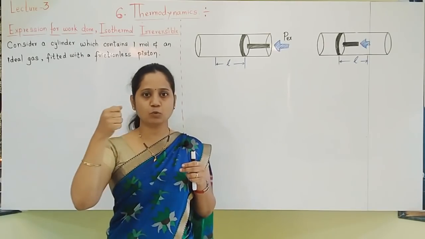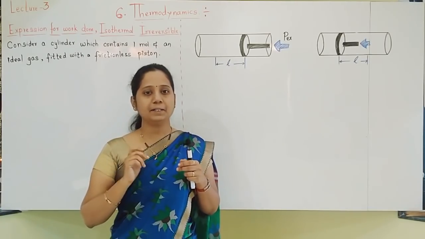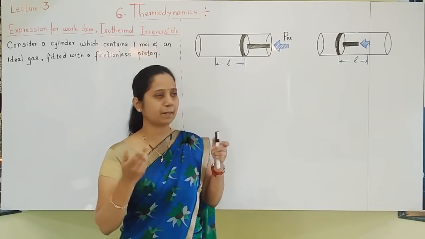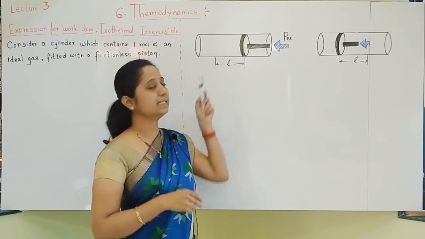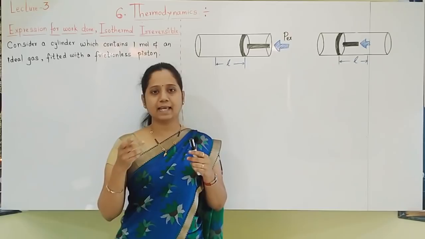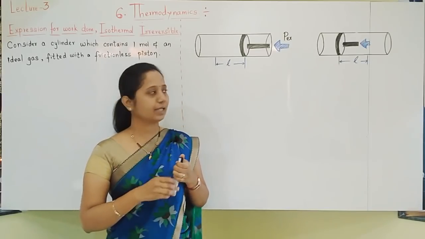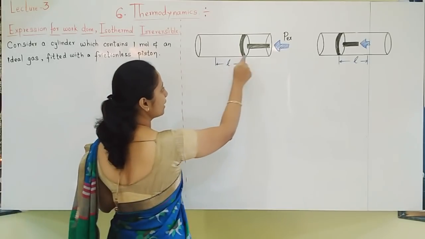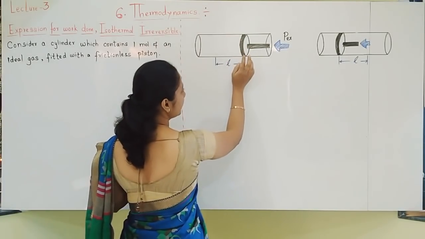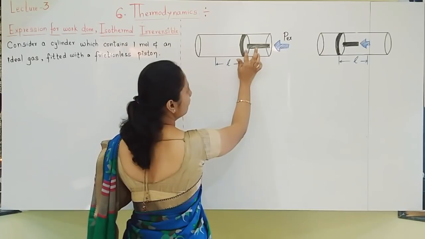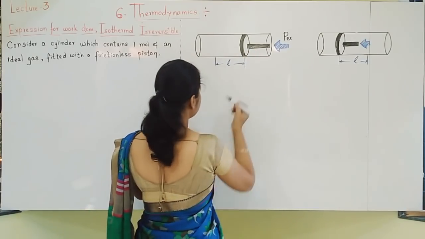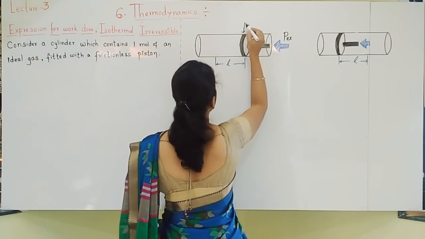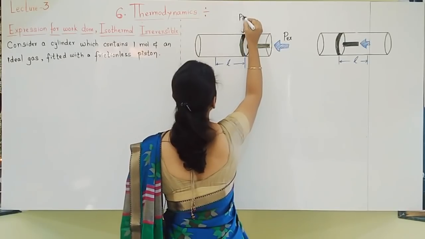Friction should not be there, smooth movement should be there, and inside the cylinder imagine there is an ideal gas of 1 mole. Okay, so let us understand the things correctly. Here you can see one cylinder, fitted with a frictionless piston. This is the piston.